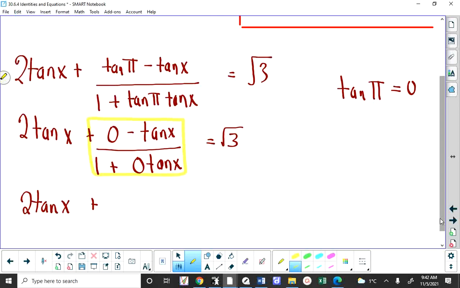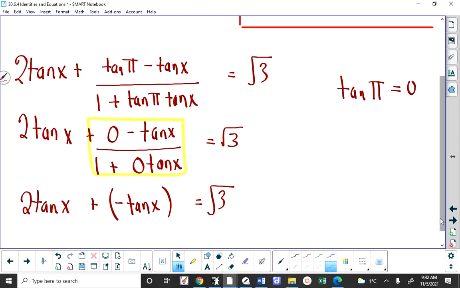The top, on the other hand, is equal to negative tan of x, because 0 minus tan of x is negative tan of x. And that means, look what happened here as soon as you applied that last step. You have 2 tan of x minus tan of x, which is 1 tan of x. So you have tan of x equals root 3.